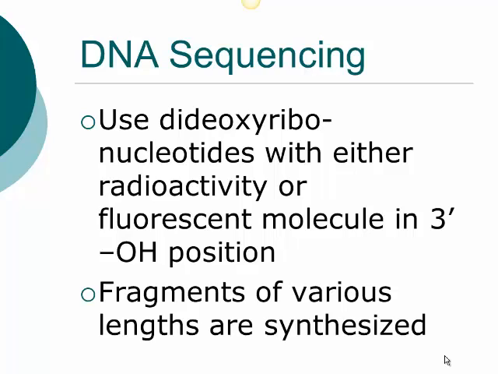And when the bases are added in, and it's done by base pairing, that fluorescent or radioactive molecule attached at the 3' hydroxyl blocks the addition of further bases. So the fragments will drop off, and you get various length fragments that are made.